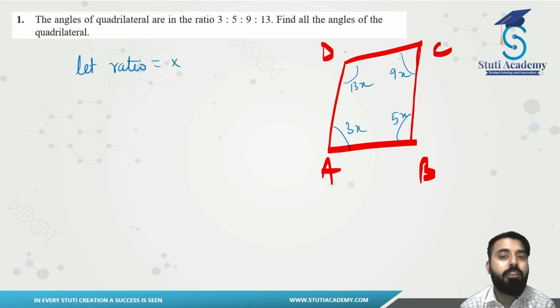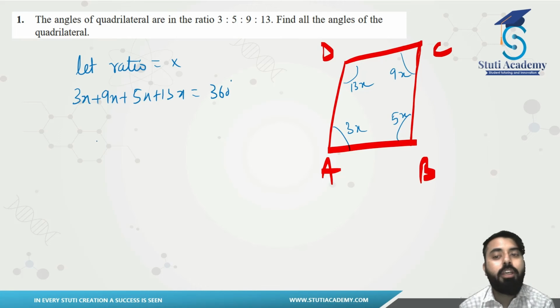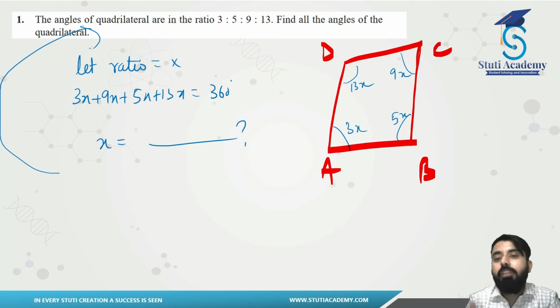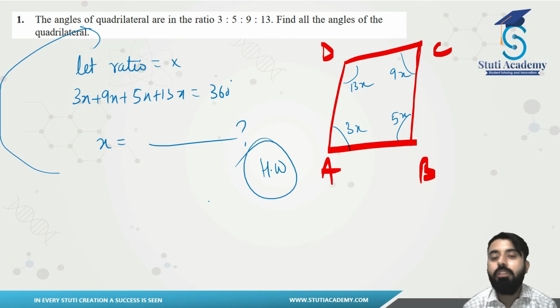Then you can easily say the sum of all angles is 360. So 3x plus 9x plus 5x plus 13x equals 360. Here you can calculate the value of x, then you can find the remaining angles. So this is quite easy. I hope you will be able to do this one, so I'm going to leave it for you. That can be your homework as well. Just complete this question and get the answer.